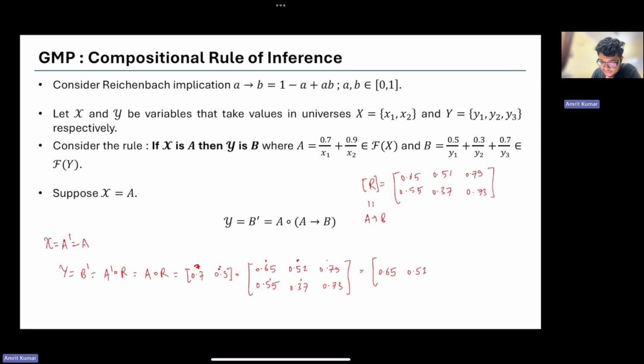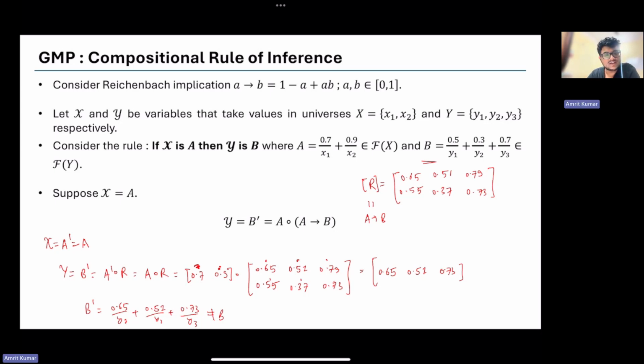Similarly, the minimum of 0.7 and 0.79 is 0.7, and of 0.9 and 0.73 is 0.73. So this is what you get, right? So your B dash is 0.65 membership for y1, 0.51 membership for y2, and 0.73 membership for y3. And this is definitely not equal to B, right?